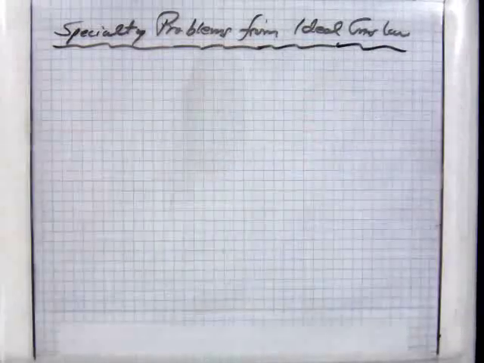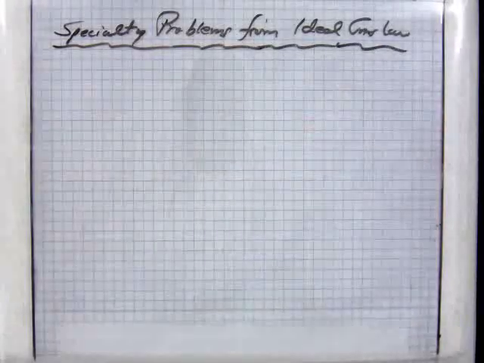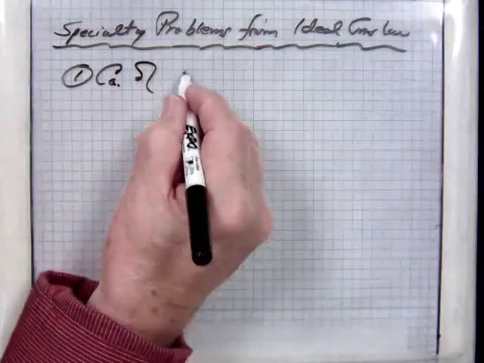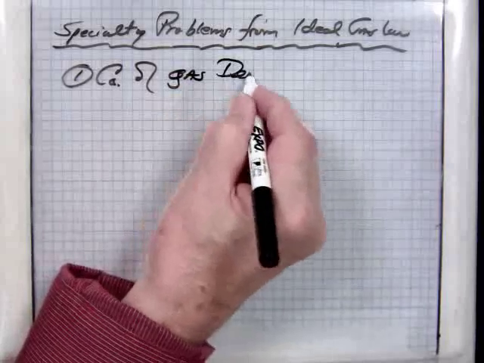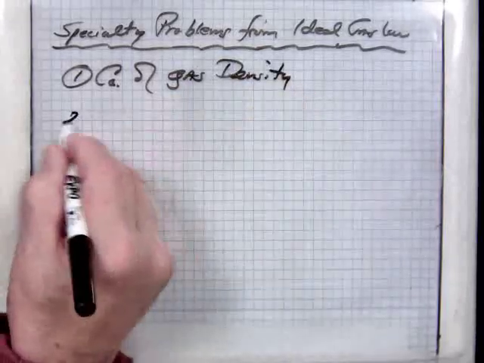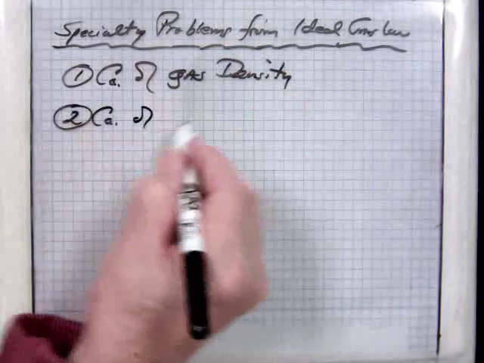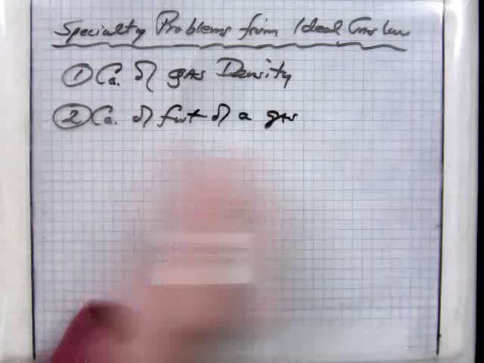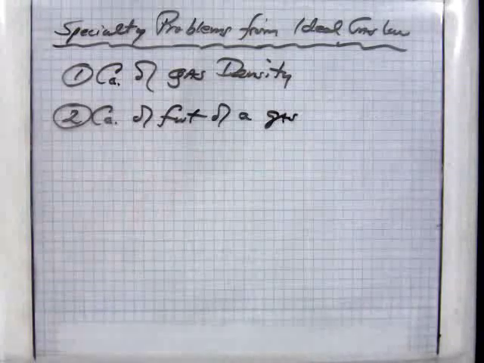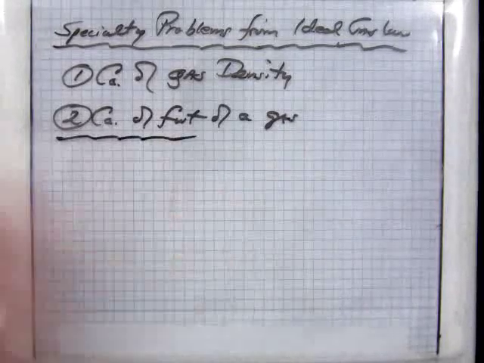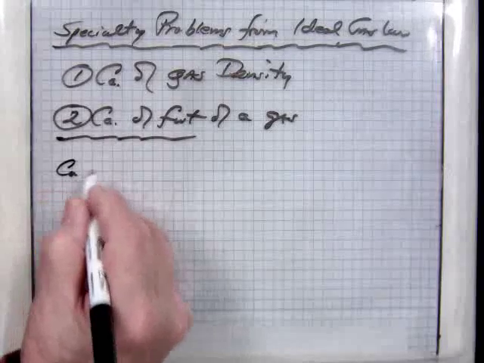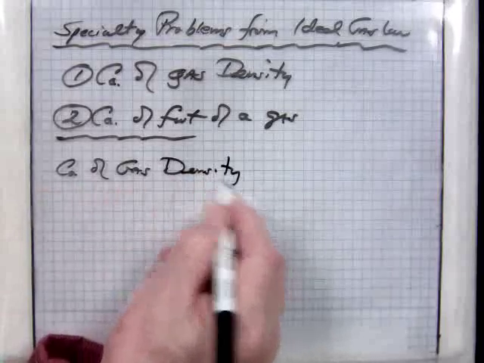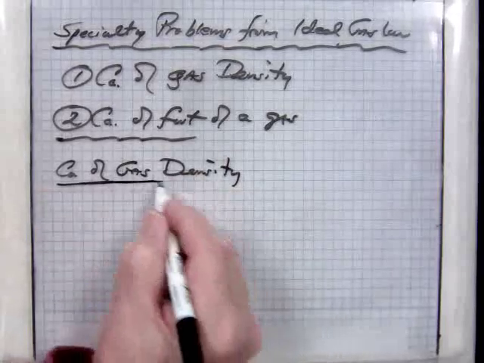There are two specialty problems from the ideal gas law. One is calculation of gas density, and two, calculation of formula weight of a gas based on data given, and you apply the ideal gas law. Calculation of gas density will be our first challenge here.